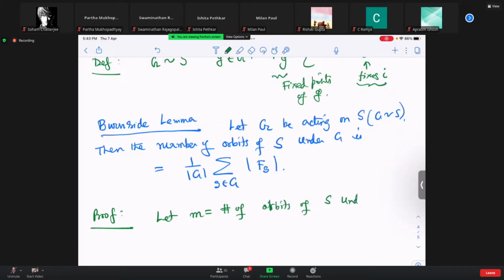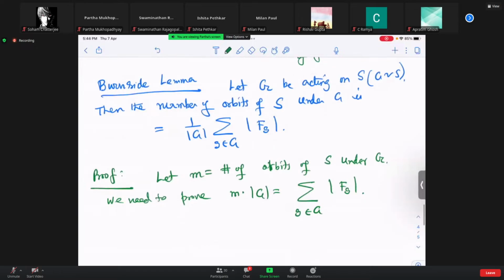So we need to prove that m times |G| is equal to the summation of |F_g| over g. This is what we have to prove. Actually, the proof is very elementary. The statement is very powerful, and the proof is very elementary.